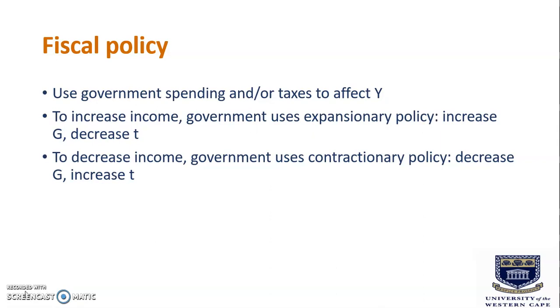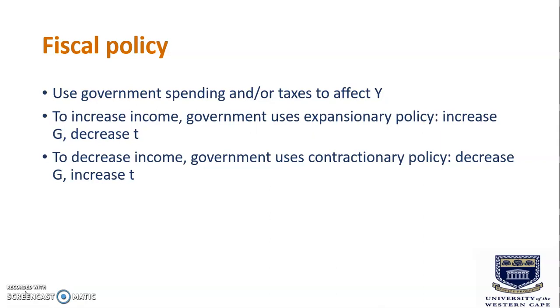So a decrease in the tax rate or in taxes usually raises the equilibrium level of income in an indirect way, because when taxes decrease, we have more disposable income, which translates into more consumption at each level of income.